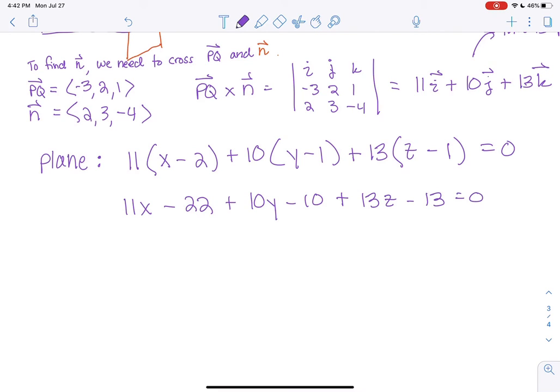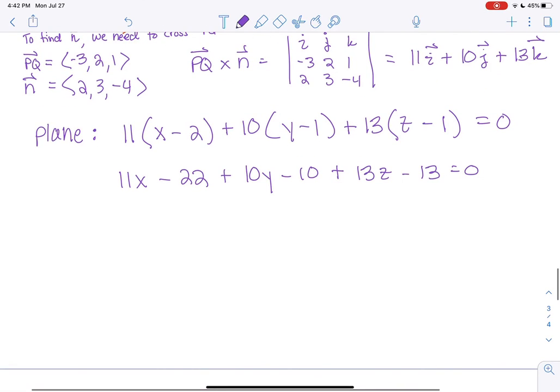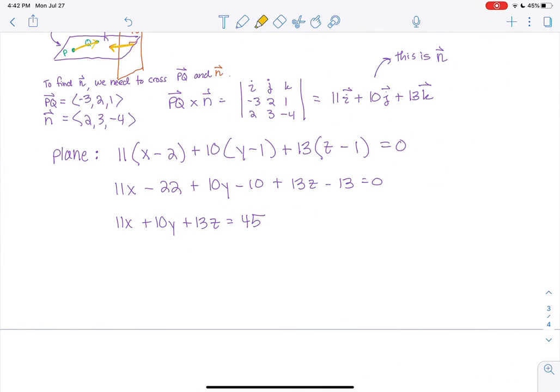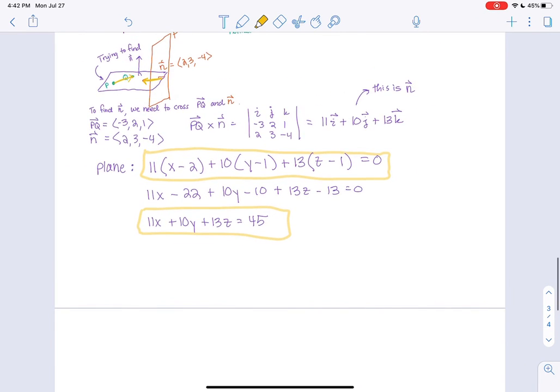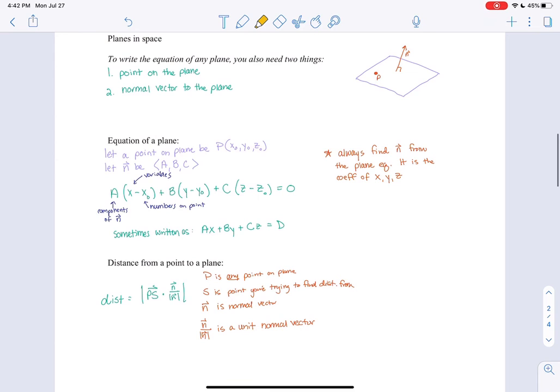And now move all of these numbers by themselves over to the right-hand side, and you'll get 11x plus 10y plus 13z is equal to 45. So all of these are equivalent. This is that. And these are the two forms we saw up here. So sometimes the plane can be written this way, and sometimes it's written this way.